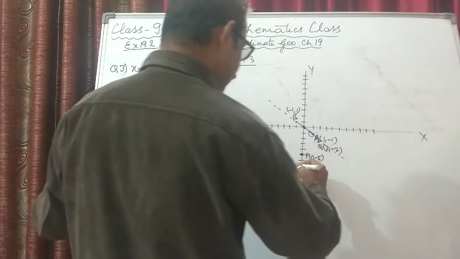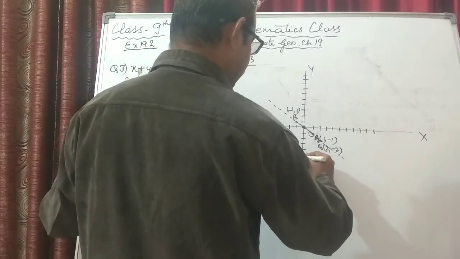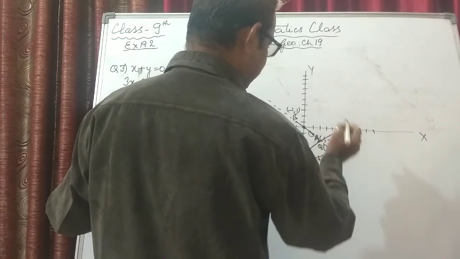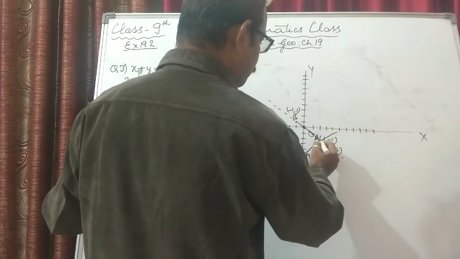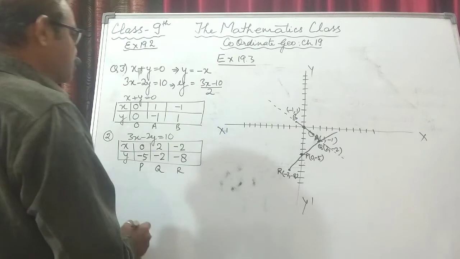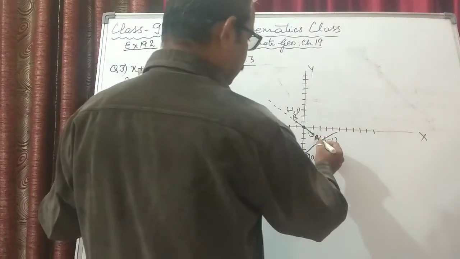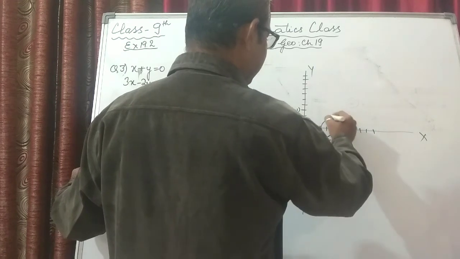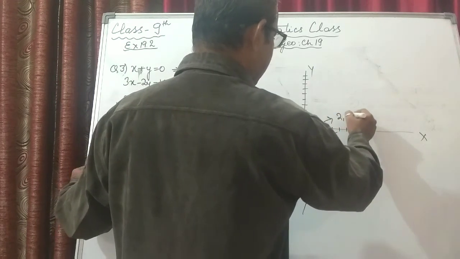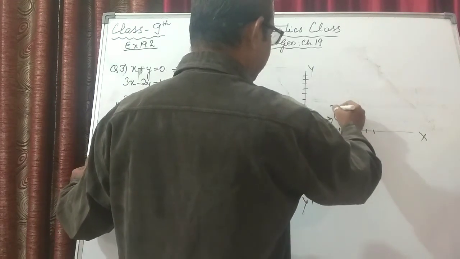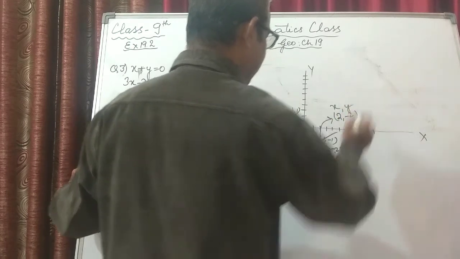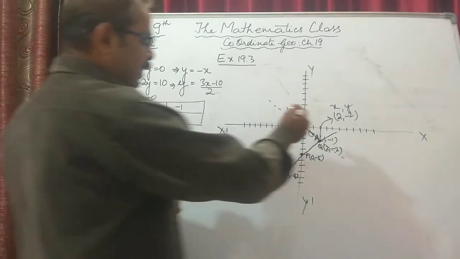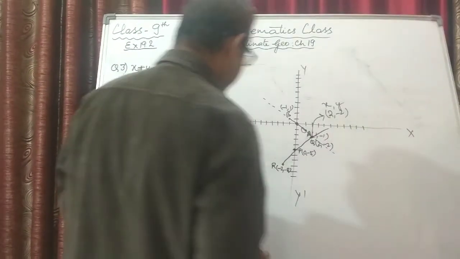Now when we join these 3 points in a straight sequence, it intersects somewhere at the point 2 and minus 2. So the value of x is 2 and the value of y is minus 2.